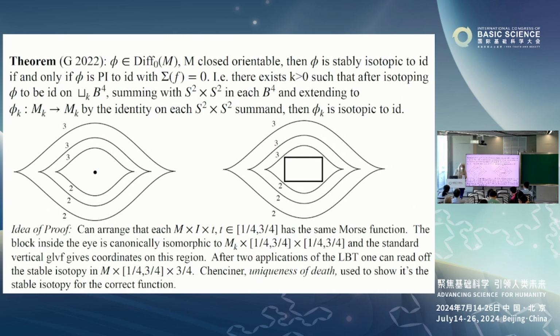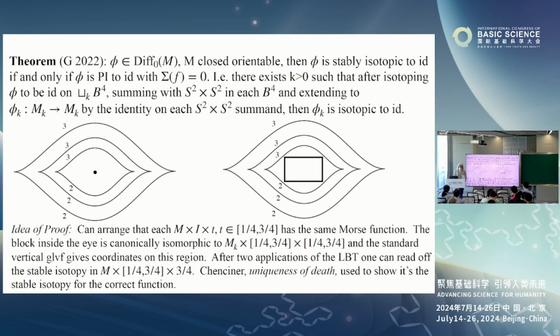Now in those four balls, I connect sum some S2 cross S2 factors. And now I have this new manifold, but extend the diffeomorphism to be the identity on these S2 cross S2 factors. Suppose I can do this.